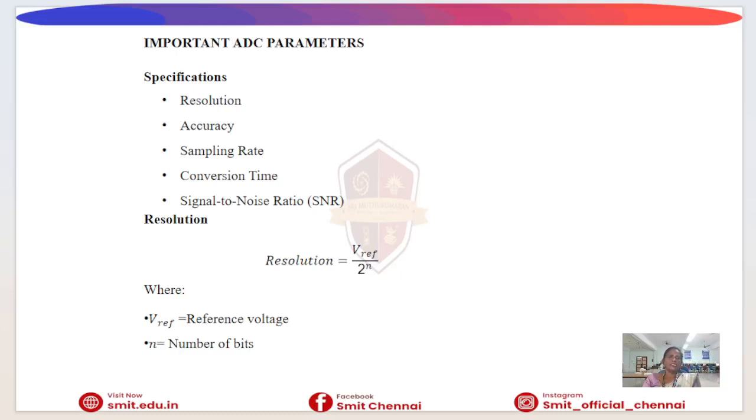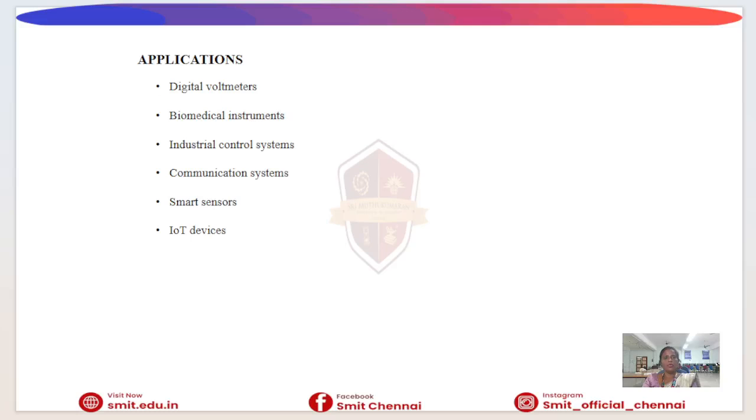Conversion time is the time required to complete one analog to digital conversion. Signal to noise ratio, or SNR, indicates the quality of the converted signal by comparing the signal strength with noise. Higher resolution, higher accuracy, and better SNR generally result in improved ADC performance.